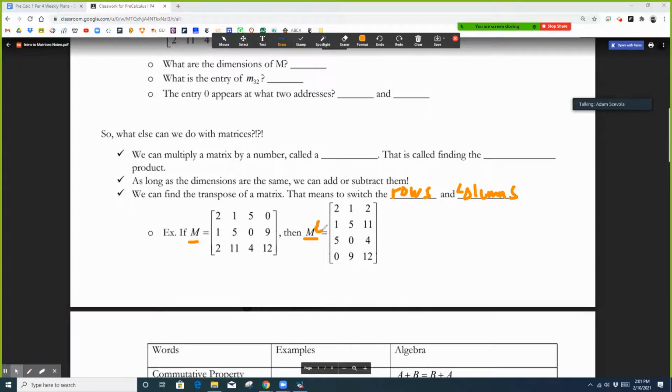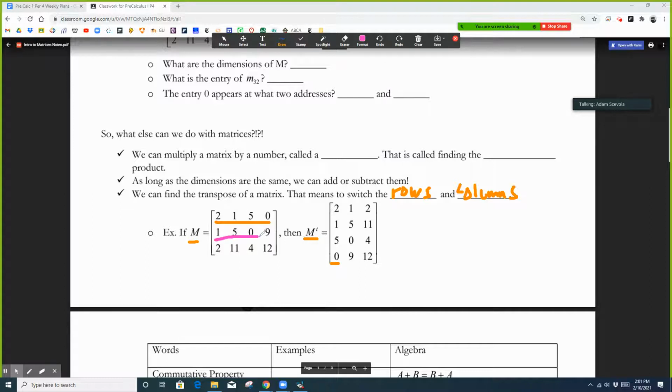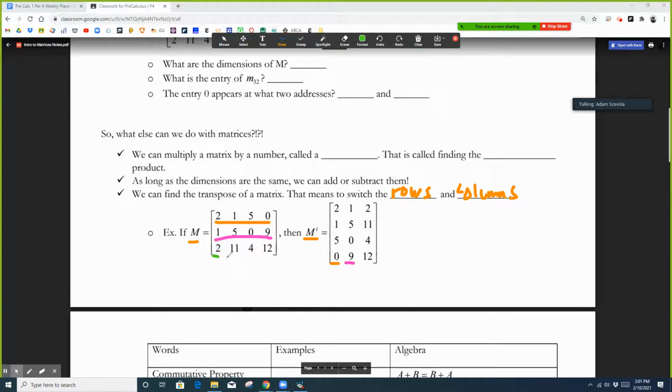You represent transpose by putting a little T up there. Now, how do you do it without a calculator? Well, you just interchange each row and each column. So this is row 1, and this becomes column 1. This would be row 2, that becomes column 2. And then row 3 becomes column 3. And there you go. There's your transpose matrix.